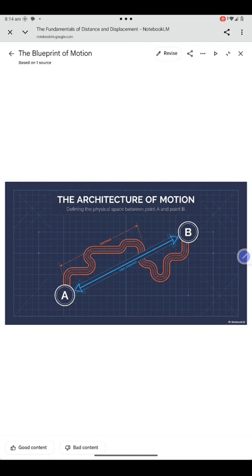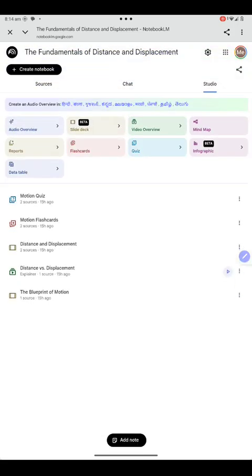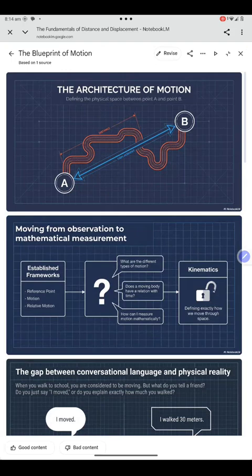Suppose you started from position A and reached position B through covering the distance. Then what is the straight line path between A and B? You can draw directly from point A to B. This is the shortest distance between the 2 points.